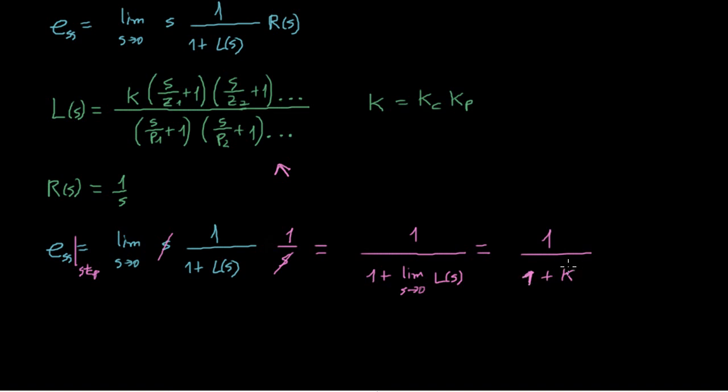So the error is the inverse of 1 plus the open loop gain. As you see, raising the open loop gain, raising K, will reduce the steady state error under a step input.